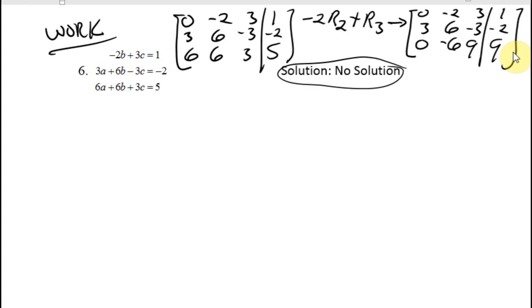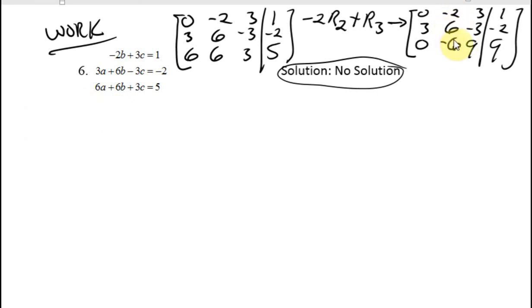Now, I'm looking at rows 1 and 3. This is negative 2 and 3. It's a multiple of the negative 6 and 9, right? So what I'm going to do, and I know we're kind of going out of order, but right now I just want to reduce the thing. So I'm going to use this negative 2 to get a 0 there.